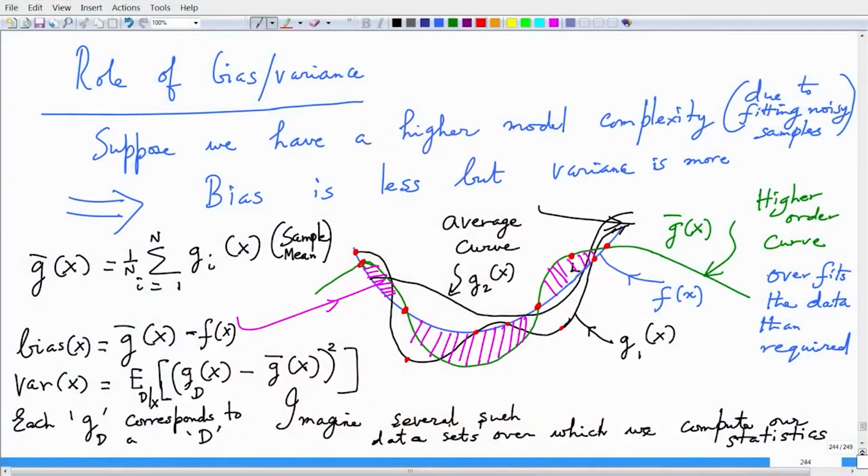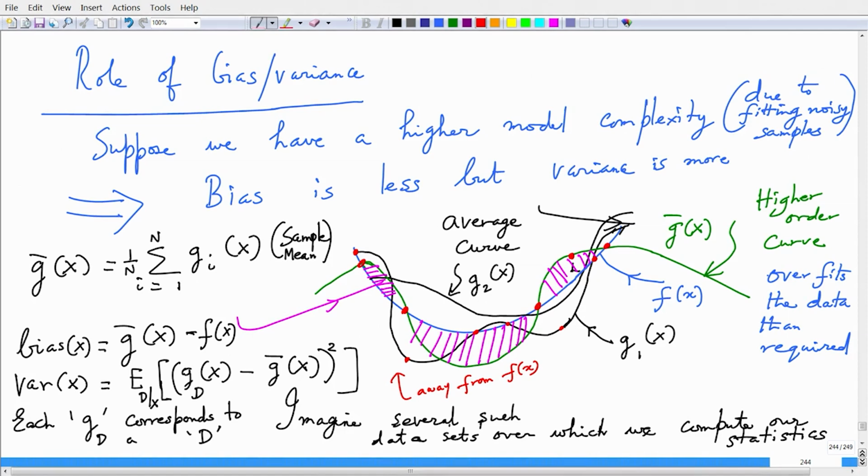Let us try to visualize this through this figure here. We start with this parabola, which is our true unknown function, f of x. Now these red circles are the sample points, and they could be potentially noisy, they can be away from this curve. For example, here at this point this is away from the curve, away from f of x, but this is my data set.